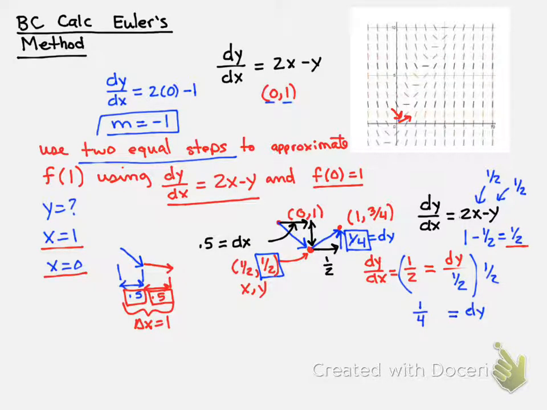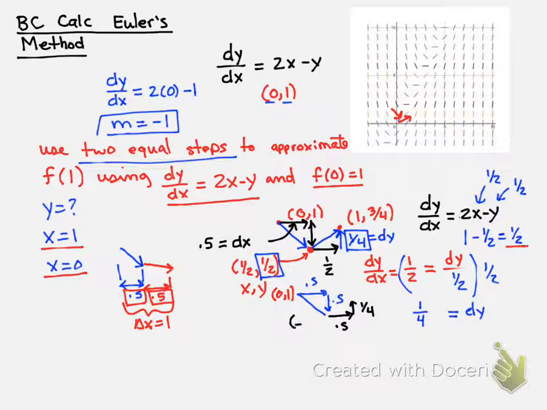So what did I really do? I went over 0.5, down 0.5, from a starting point of 0, 1, and then I went over 0.5 more, but back up 1/4.